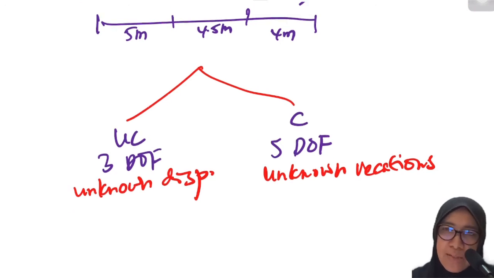This is why displacement is determined first, so we need to label 1 to 3 starting from the unconstrained system.